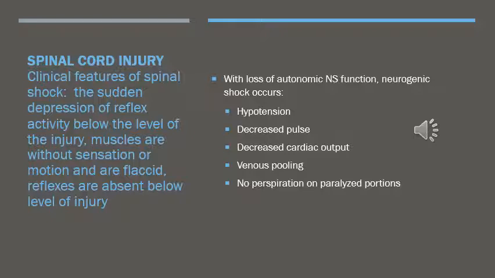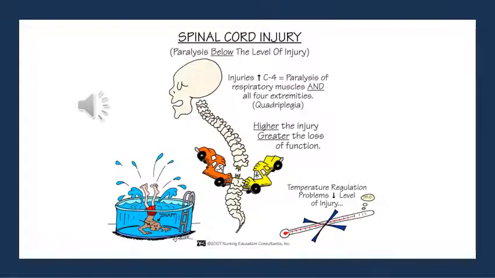This can result in hypotension, abnormal thermoregulation, decreased pulse, decreased cardiac output, venous pooling or edema, and no perspiration on paralyzed portion of the body. Injuries greater than C3 according to Kaplan or C4 according to your med-surg textbook result in paralysis of respiratory muscles and all four extremities. The higher the injury, the greater the loss of function.